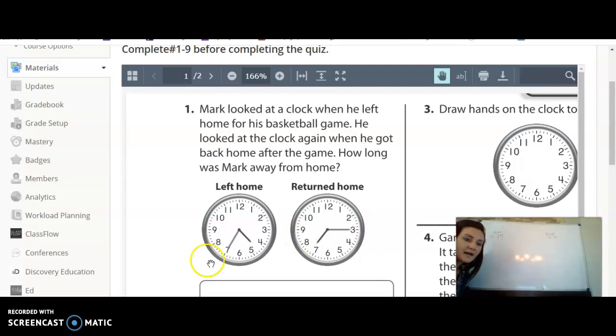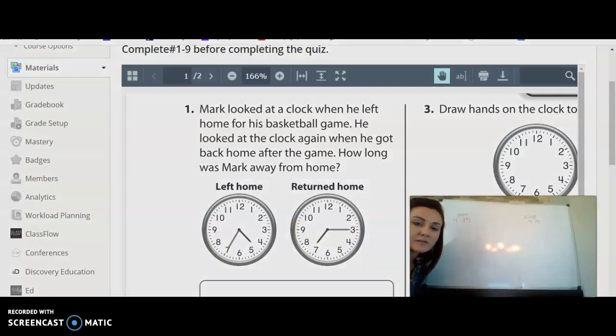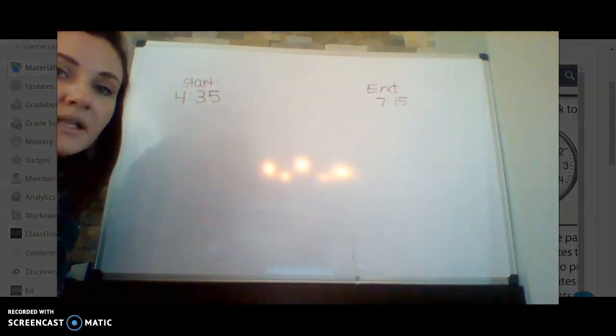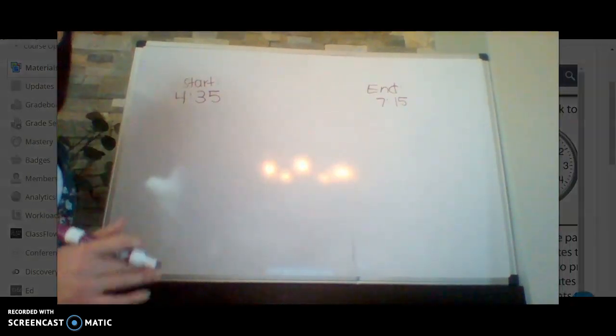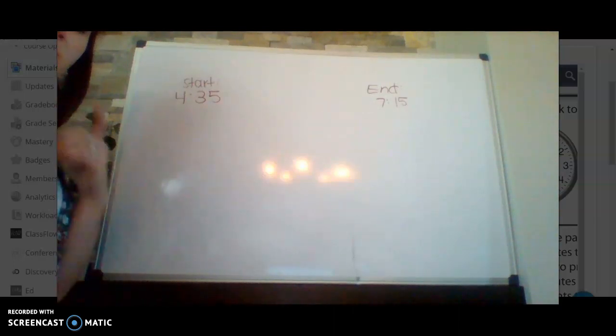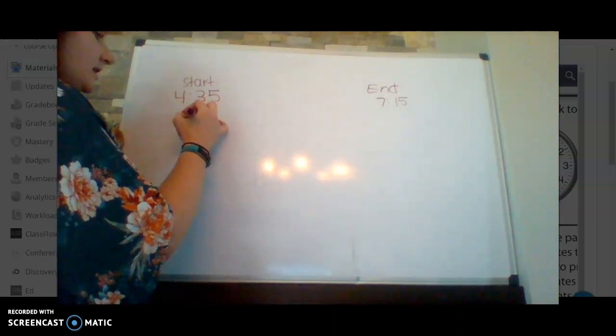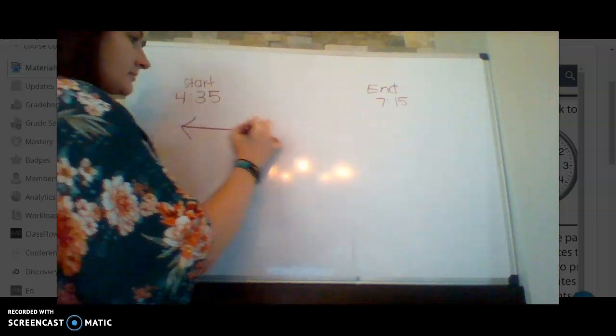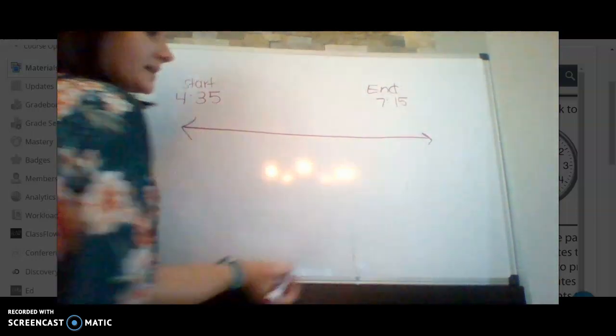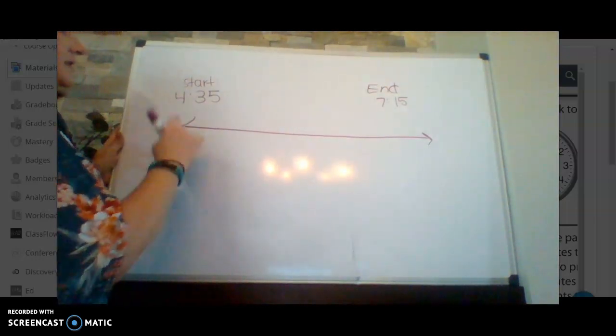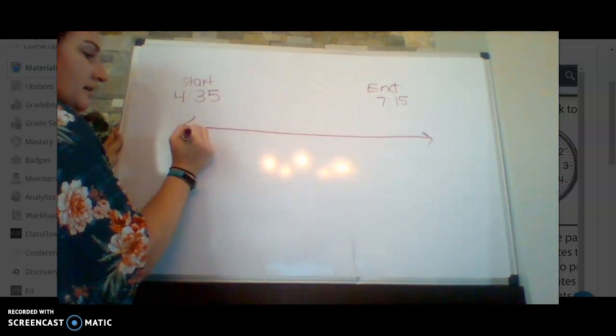All right, so now we are going to use our number line to show how you can tell the elapsed time, or what our question is asking us. So we have our timeline here. Remember, you always put your start time down here. I have it up here.